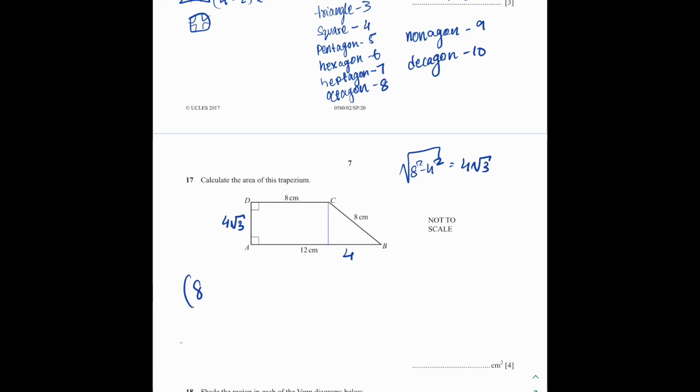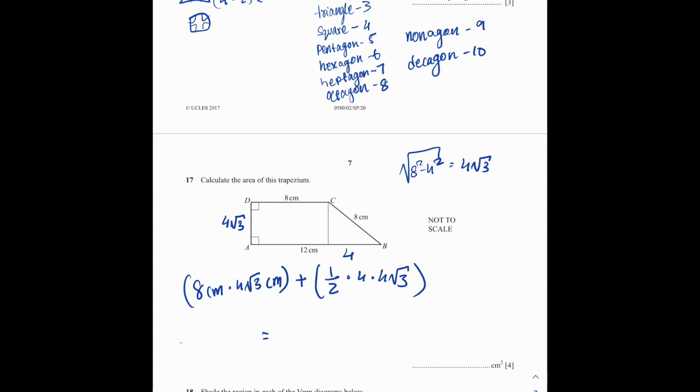8 centimeters times 4 root 3 centimeters. That's the area of the rectangle, plus 1 over 2 base, which is 4, times height, which is 4 root 3. Put this whole thing into your calculator: 8 times 4 root 3 plus half times 4 times 4 root 3.